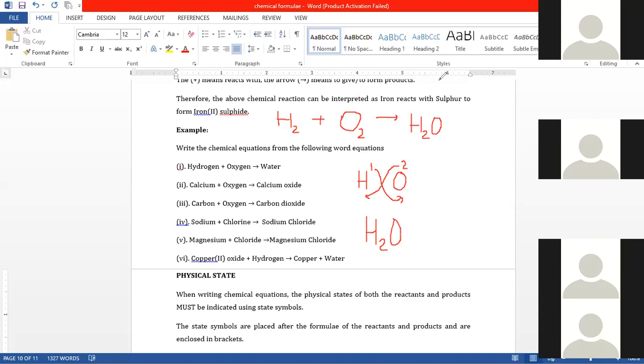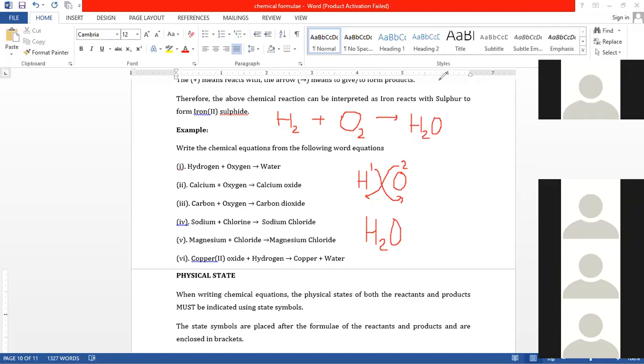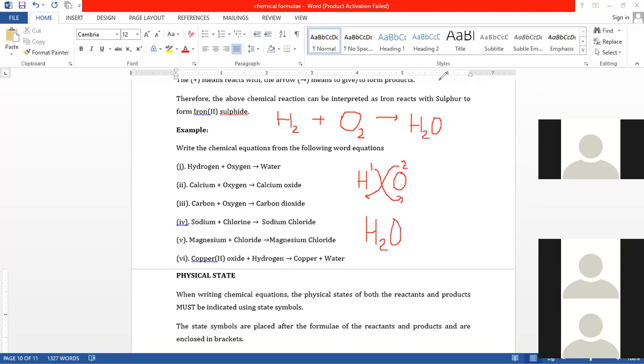It exists as one atom in a molecule. But for some of these gases, for example, hydrogen, oxygen, chlorine, nitrogen, they exist as diatomic gases or diatomic molecules. That means you have two atoms in a given molecule.